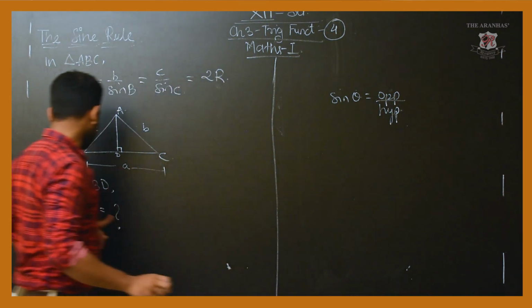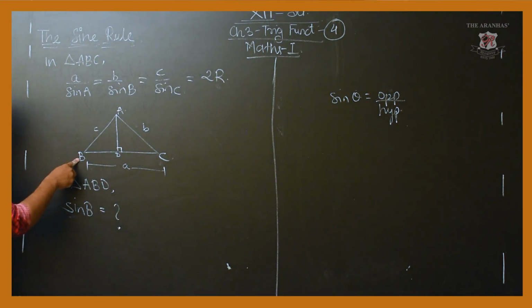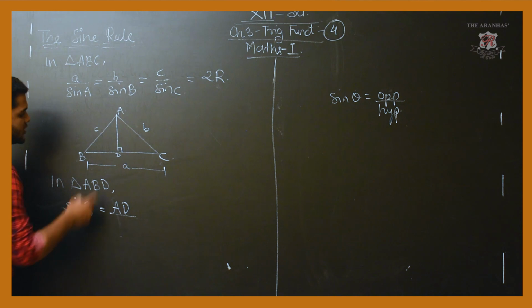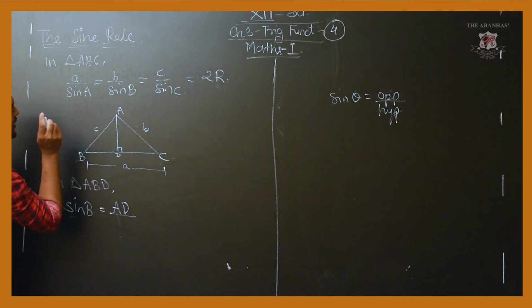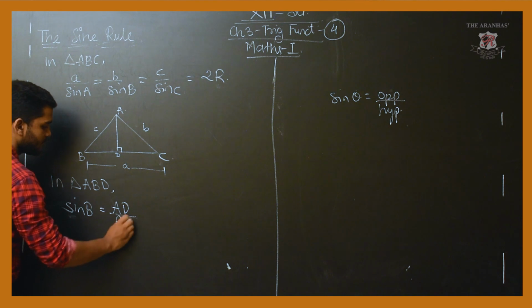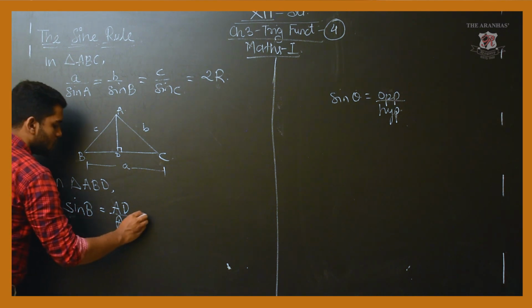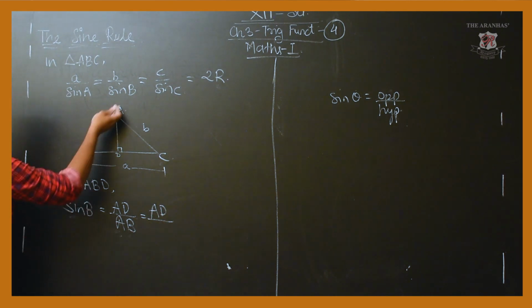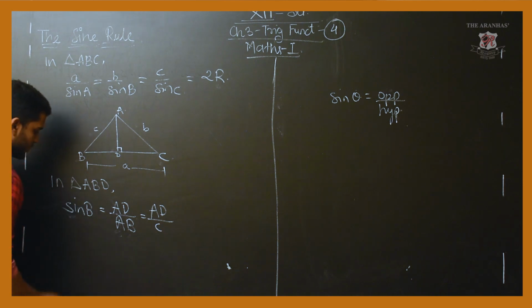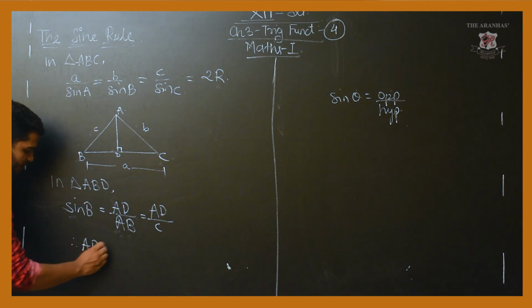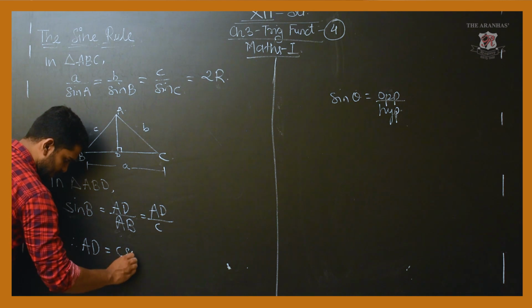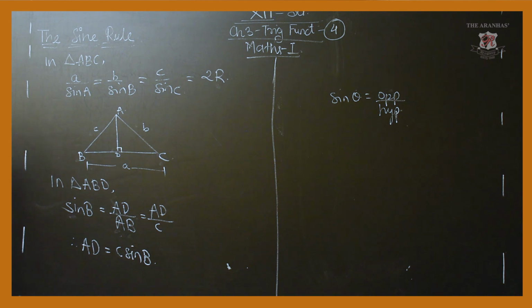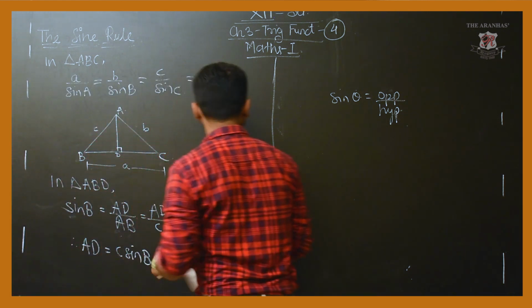So what is the opposite side of angle B? Opposite side of angle B is AD, upon the hypotenuse, the side opposite to the 90 degree angle, that is AB. AB is nothing but small c. Therefore, AD can be written as c sin B. Now we got the value of AD as c sin B.